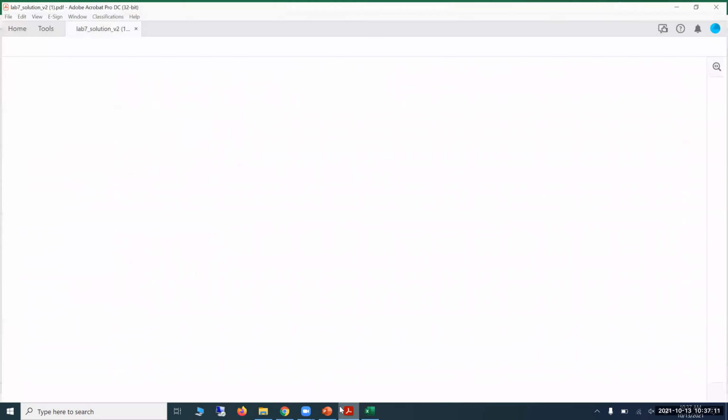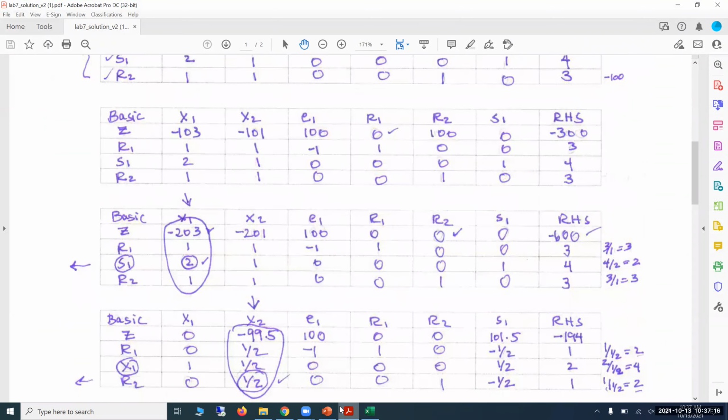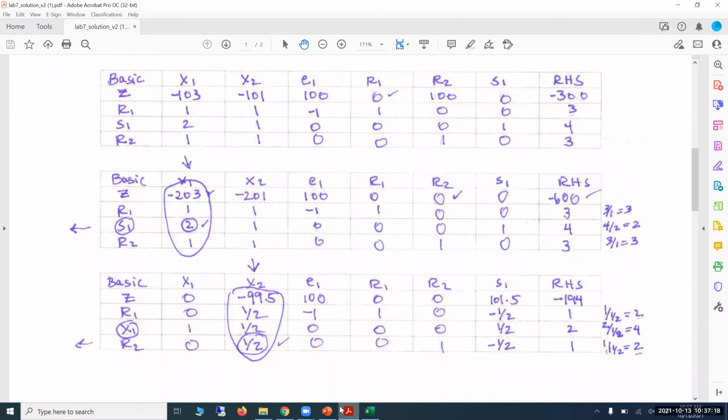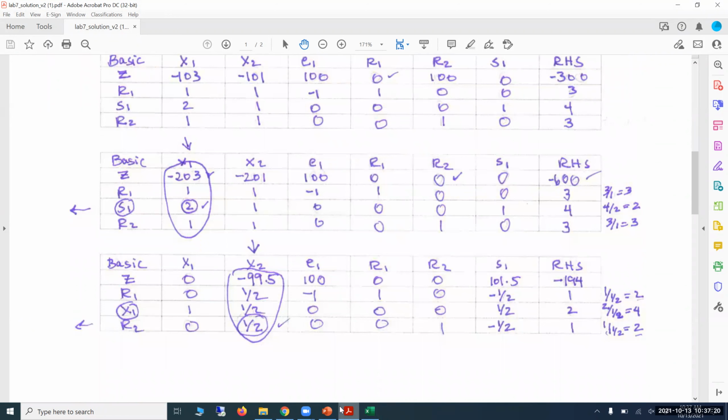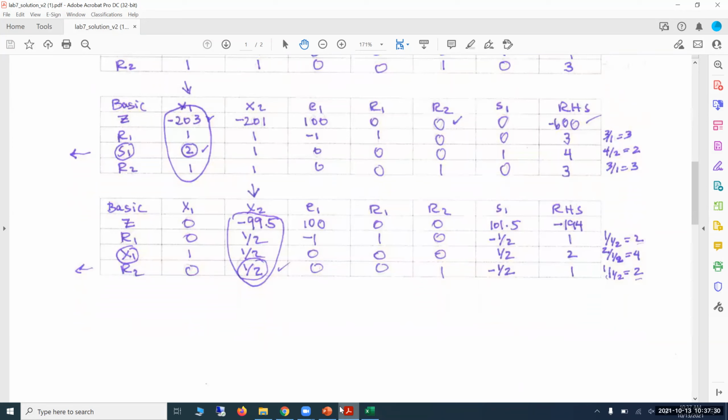Let's see how far we are into this. So it looks like you're right. You have the same ratio for both artificial variables, so you pick one. Since both of them are artificial variables, you can select either one.